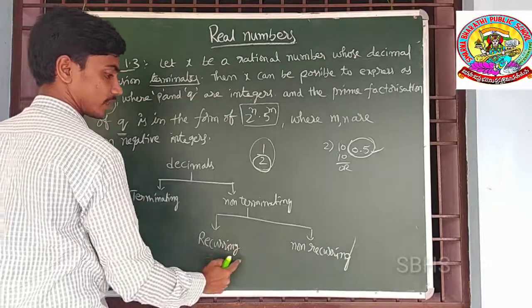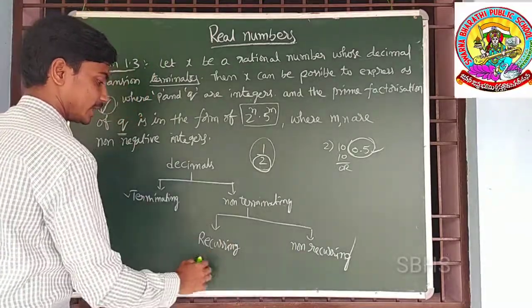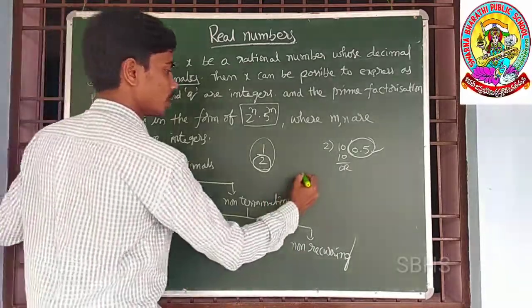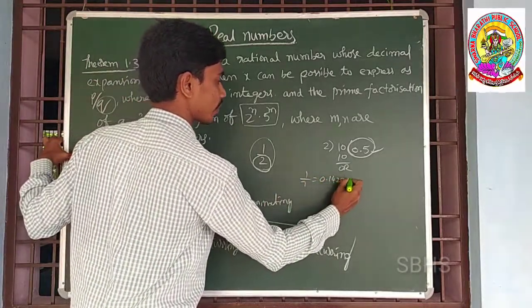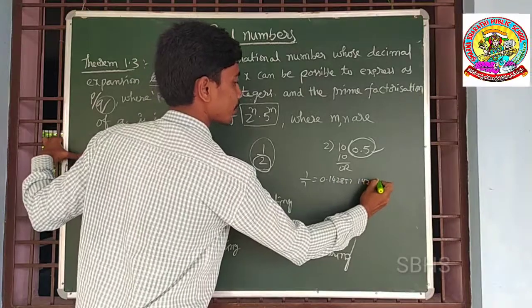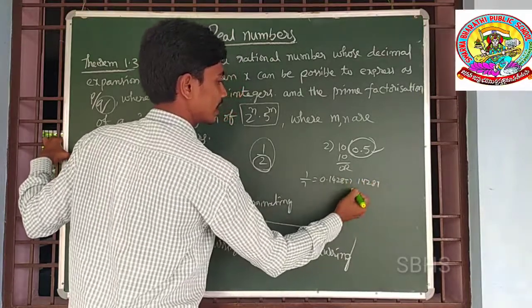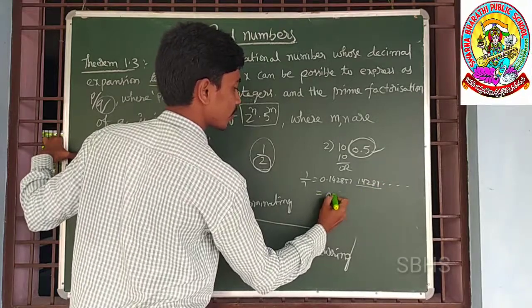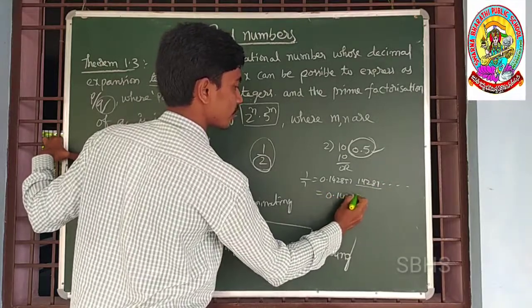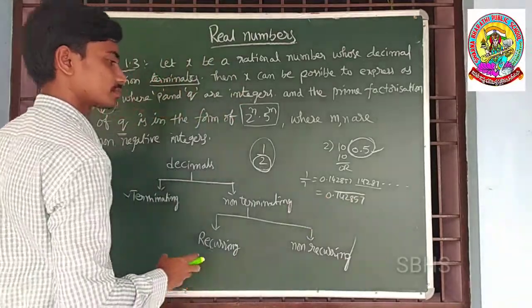Either it may be recurring or non-recurring. Recurring means repeating decimal. For example, 1 by 7 is equal to 0.142857, 142857. It is repeating. The block 142857 is repeating, so you write 0.142857 with a bar.